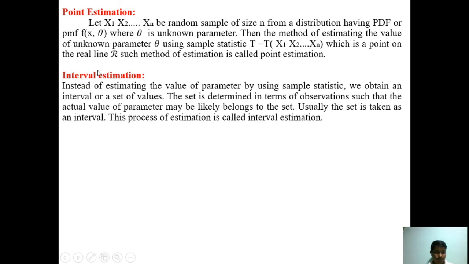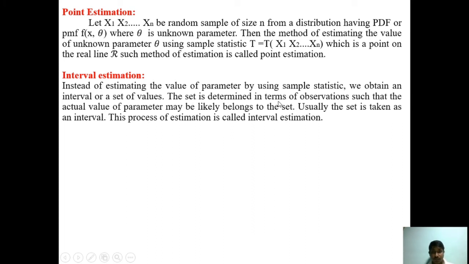The next definition is interval estimation. Let us see the description. Instead of estimating the value of the parameter by using a sample statistic, we obtain an interval or a set of values. Means, in point estimation we obtain a single point, but in interval estimation we obtain an interval or a set.